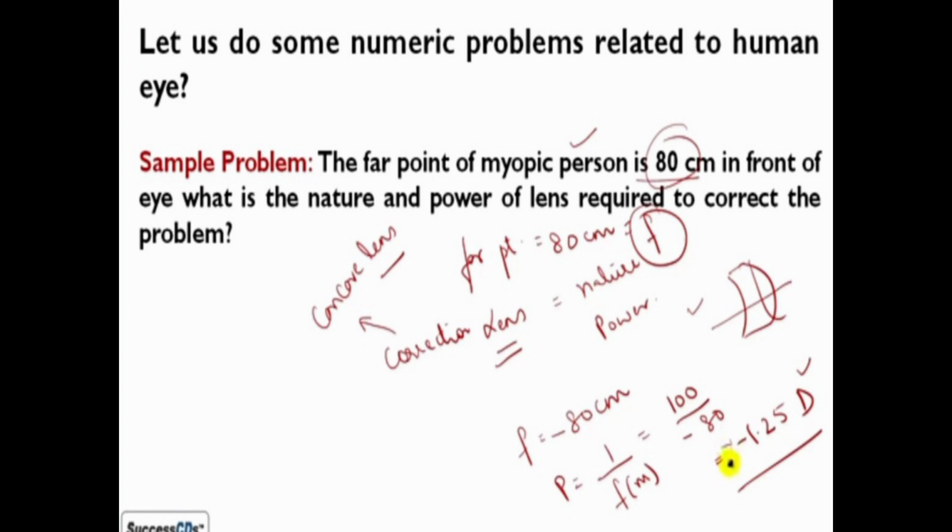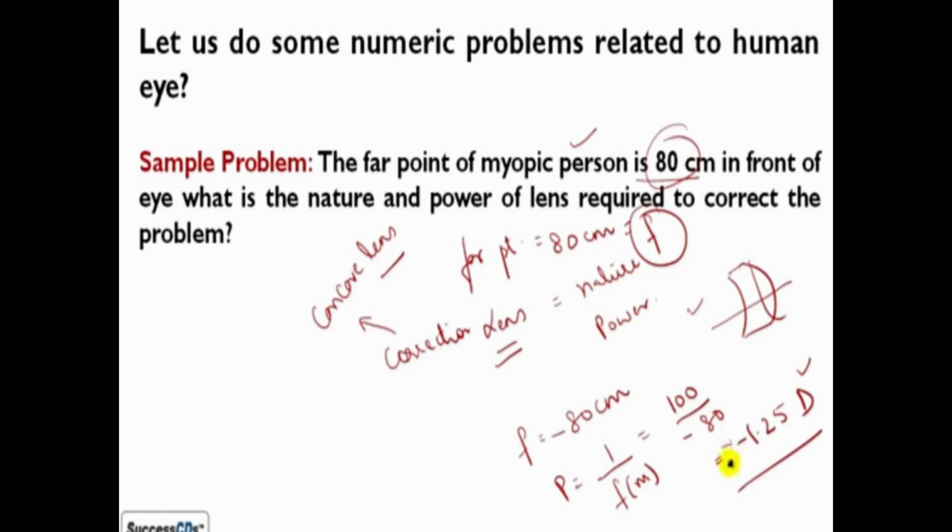And one more thing, we will take it as minus 80 centimeter. Why? The focal length is taken as minus 80 because the image is formed in front of the retina. The image of a myopic person forms in front of the retina. So that's why the focal length used is minus 80. I hope that I am clear to you.